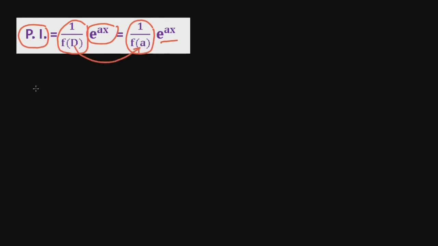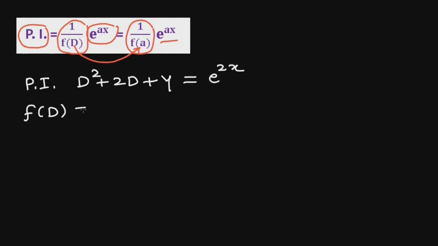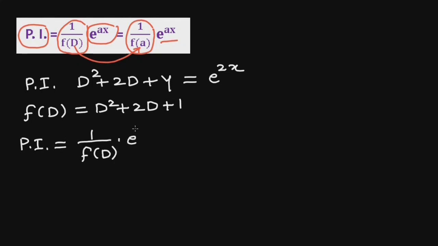For example, let us find particular integral of differential equation D square plus 2D plus 1 y equals e raised to 2x. Here f(D) is D square plus 2D plus 1. So particular integral will be 1 upon f(D) e raised to 2x, which is 1 upon D square plus 2D plus 1 e raised to 2x.